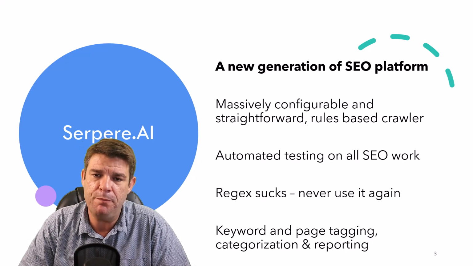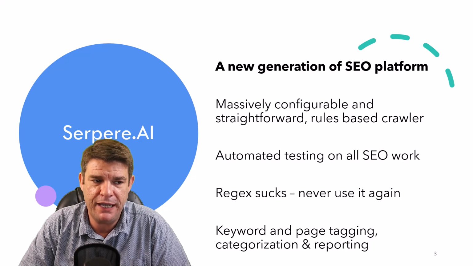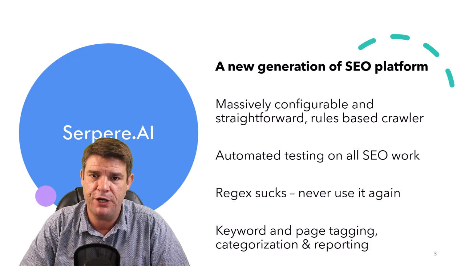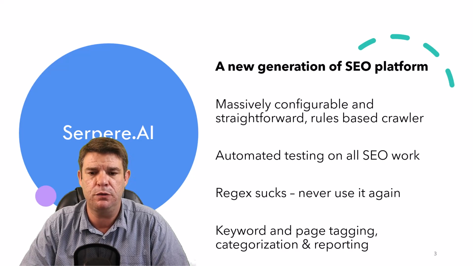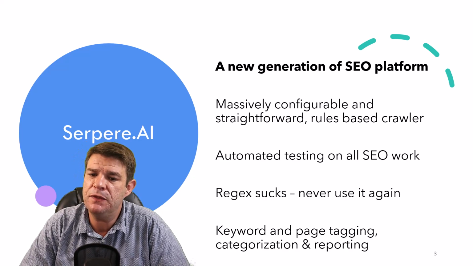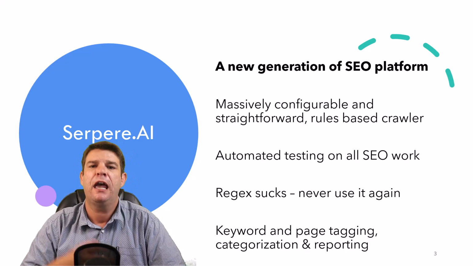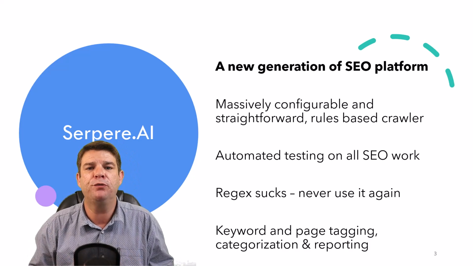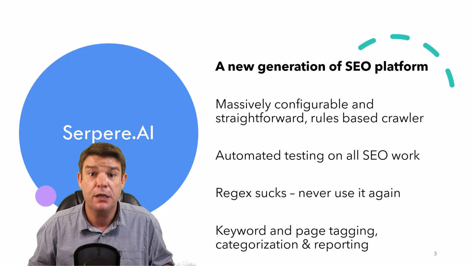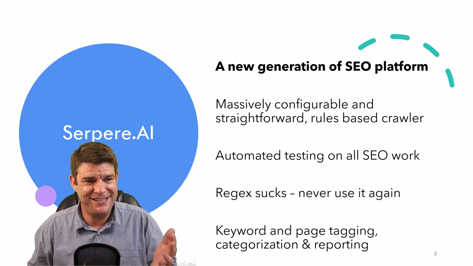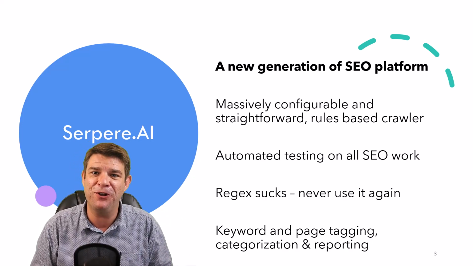So I wanted to come up with a better system that replicates all the functionality of regular expressions, but without the absolutely crazy syntax. The last thing that we're going to look at is how we handle keyword and page tagging, how we categorize them, and then how we build reports from then on. So without further ado, let's have a look first of all at how we handle crawl data.